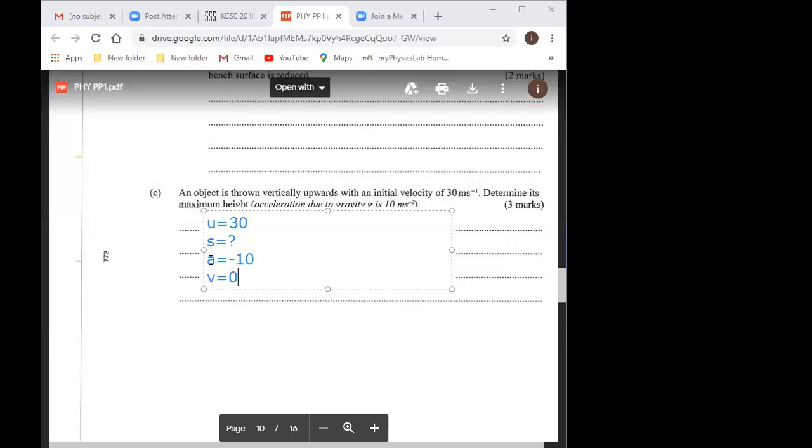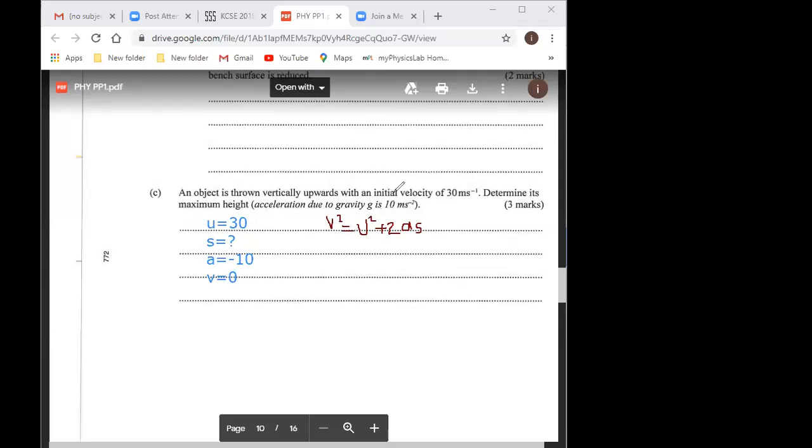With all these quantities, you now ask yourself, which formula has all this? The formula is v squared is equal to u squared plus 2as.